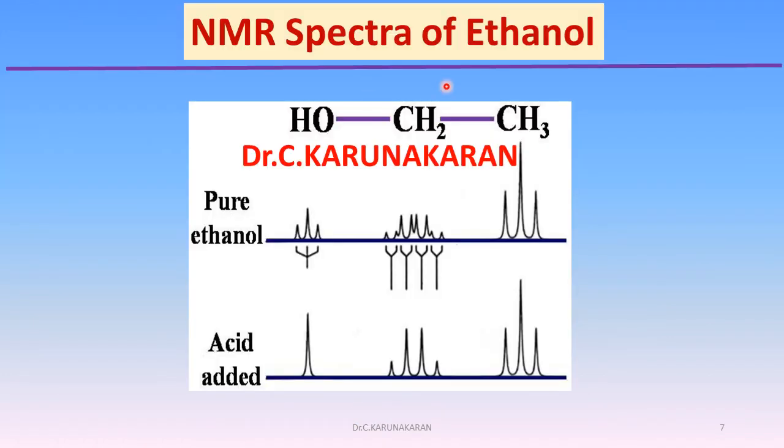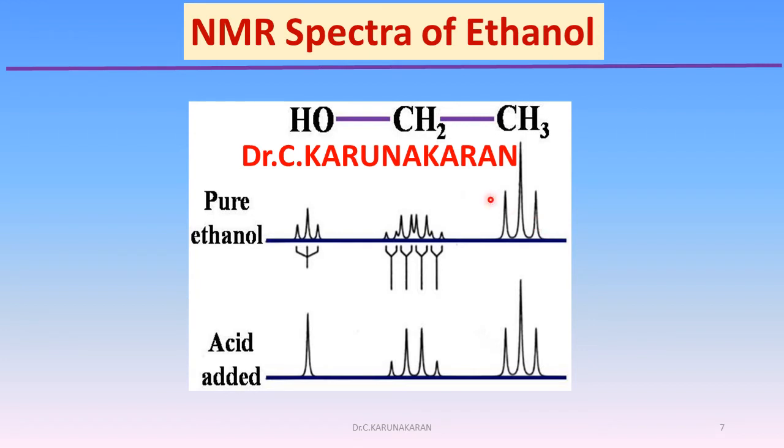Let us see here the NMR spectra of ethanol. The structure of ethanol is shown here. The high resolution NMR spectrum of pure ethanol is given here. The methyl protons couple with the methylene protons to give a triplet, following the n plus 1 rule.